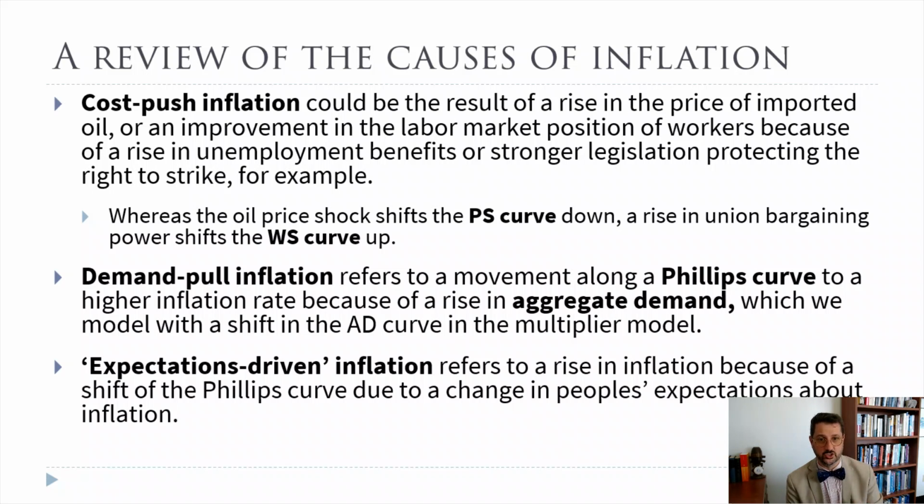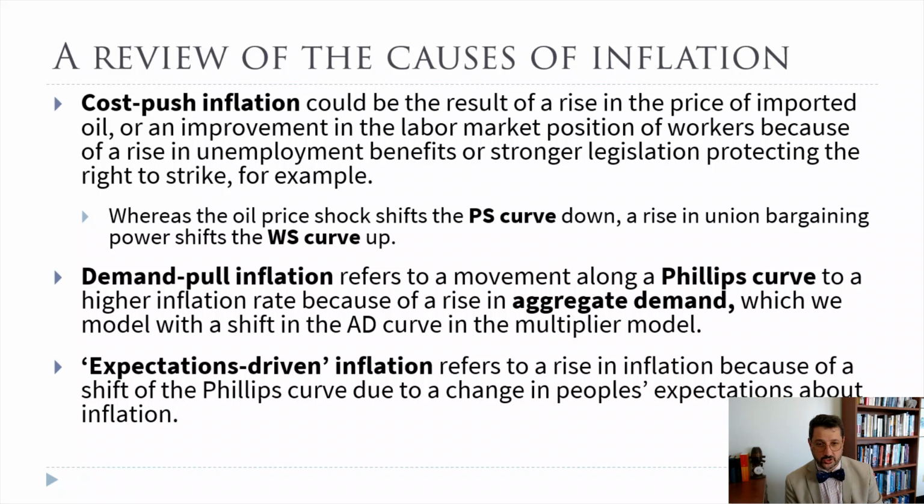So if wages go up, we'll get that cost push inflation because firms' costs go up and therefore their prices go up. Demand pull inflation is a movement along the Phillips curve due to changes in aggregate demand. An increase in aggregate demand leads to an increase in inflation. A decrease in aggregate demand leads to a decrease in inflation. But we're just moving along that Phillips curve.